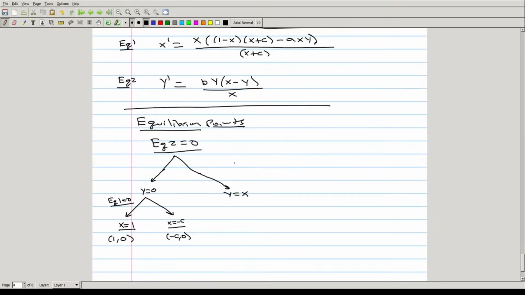Which means that 1 minus x times x plus c minus axy, which is just ax squared because y is equal to x, has to be equal to 0.